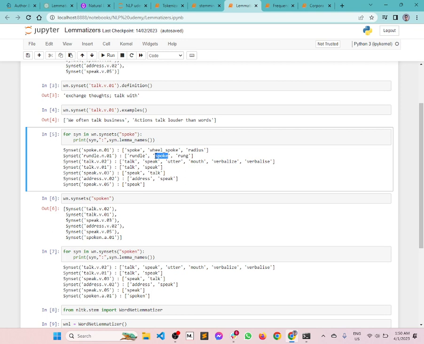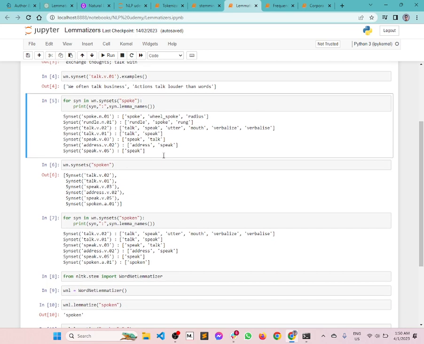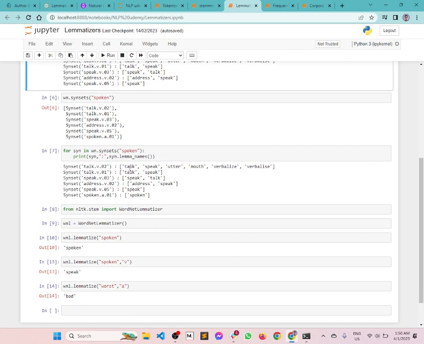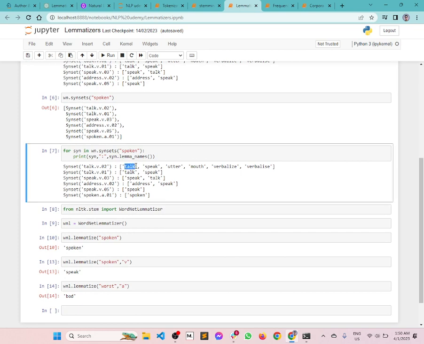Sometimes speak, spoke, spoken, or speaking: all of this type of word, it only uses spoke. It is the same for talking, talked: for all of this kind of chunk, it only uses talk.